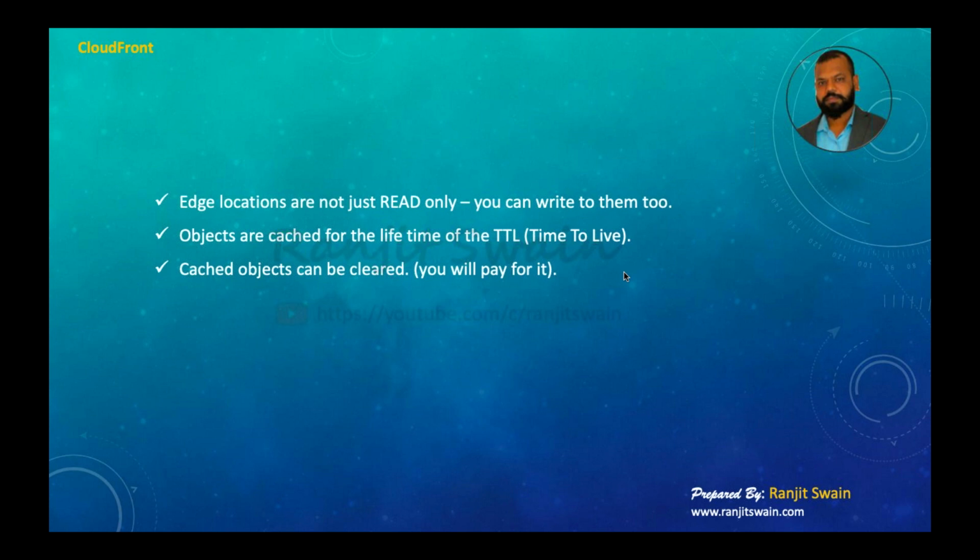You have to pay for clearing the cache from the edge locations. Just remember all these things, but guys, this is not for interviews. Nobody will ask all this in real-time interviews, but when you're writing some examinations, you may face these questions.